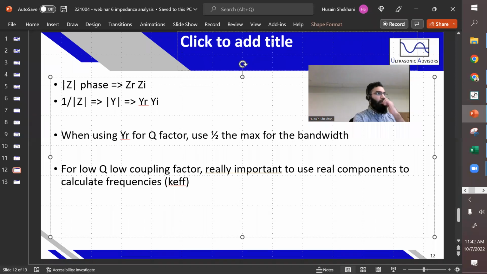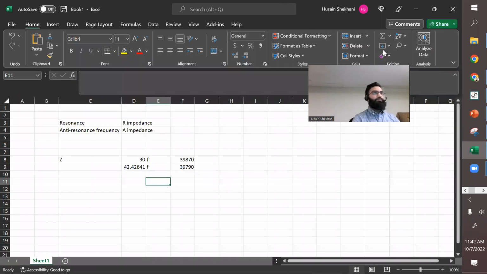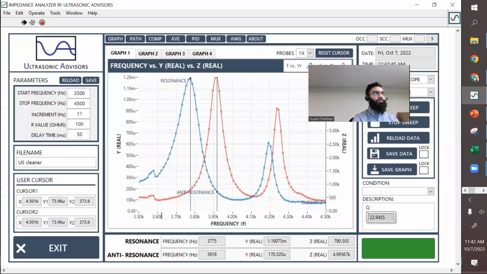You won't get reliable, consistent values if you do it using absolute values, and especially Q factor. So that is the truth there for these measurements. Let me go ahead and answer questions.